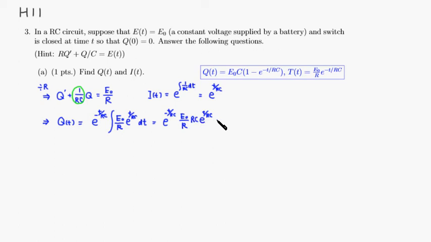Then you have a plus some constant C or something like that. So I need a parenthesis right here and there, right? Then you can cancel things out. Let's see, so we can cancel the R on the bottom and the R on top.